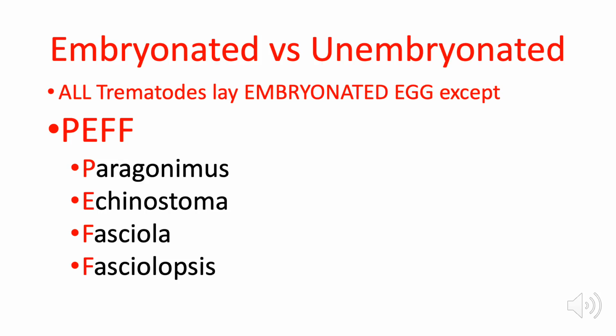F, Fasciolopsis. So, trematode worms that are not included in the list would produce embryonated ova. Take note, these 4 trematodes have eggs that cannot be morphologically distinguished from each other. So take note of that. That will be very, very useful in the succeeding discussions.